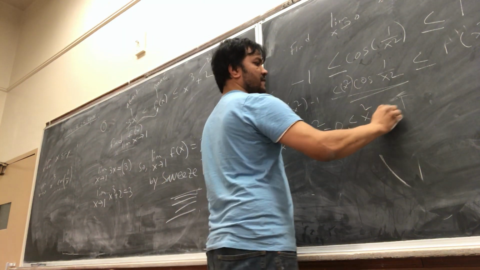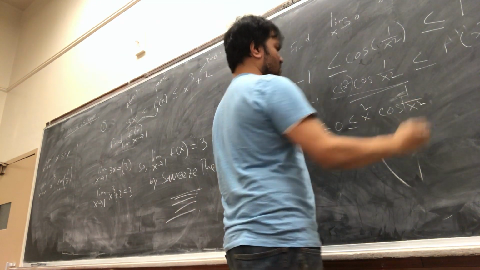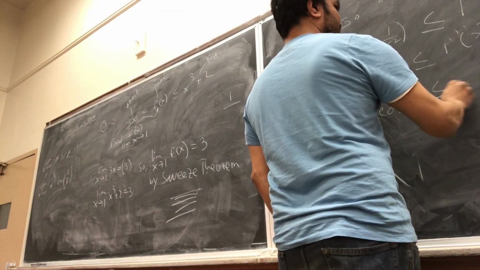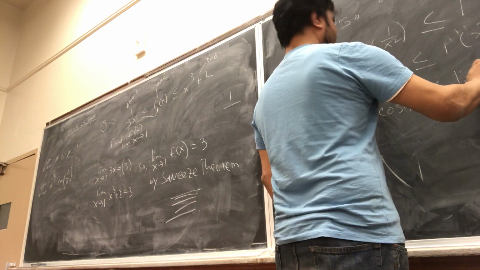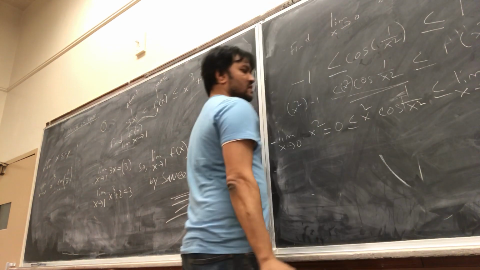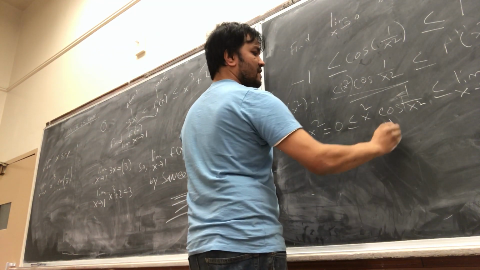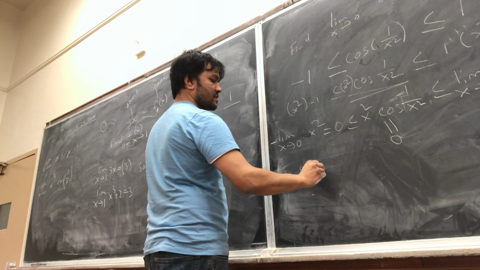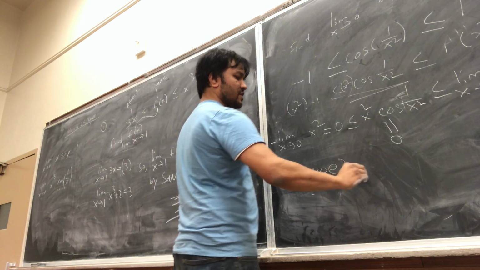X squared cosine 1 over x squared. I think someone says 0. Okay. The limit as x goes to 0 of x squared is also 0. Then this one must be 0 by the squeeze theorem.